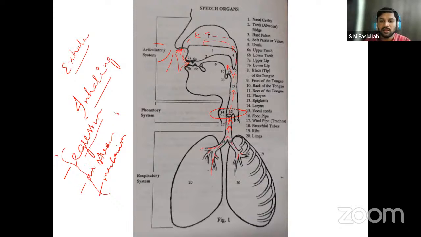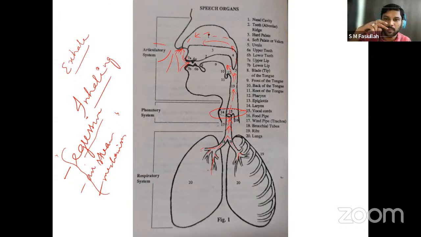So similarly, if you have to pronounce ba, what do you do? Ba, which means you are holding the air within your mouth and releasing it suddenly. So air is not smoothly flowing. You are controlling the way air is coming out, whether from the mouth or the nasal cavity.